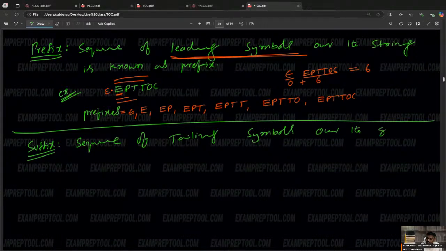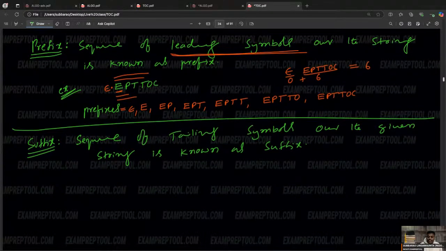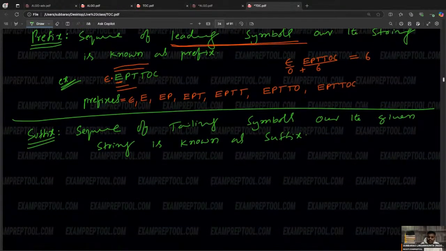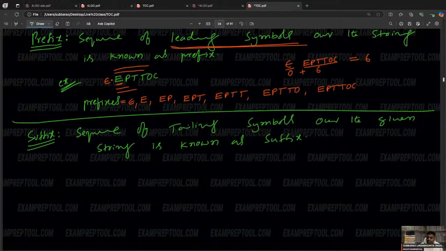Sequence of tailing symbols over the given string is known as suffix.